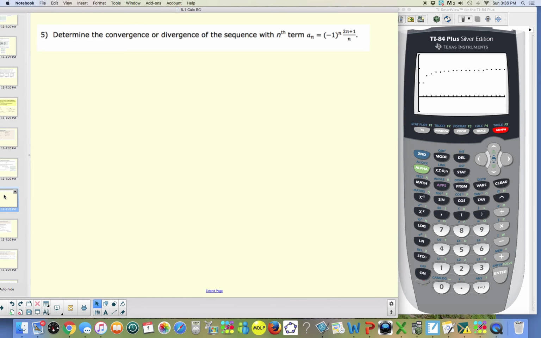Okay, now let's take a look at determining the convergence or divergence of this sequence right here. I'm going to take the limit as n approaches infinity of -1 to the n all over 2n plus 1 over n, which is the same thing as taking the limit of each part of the product.